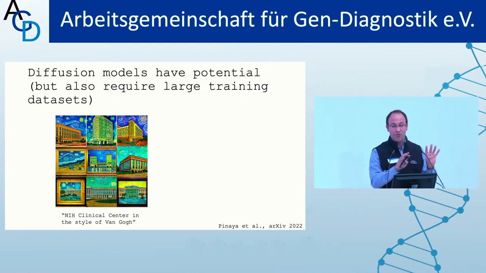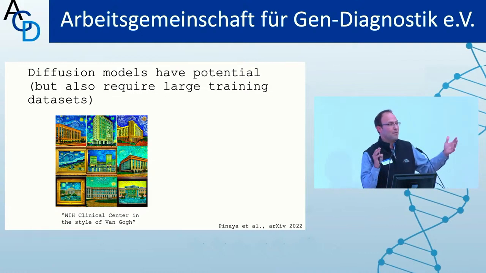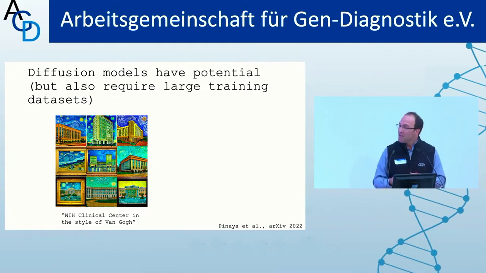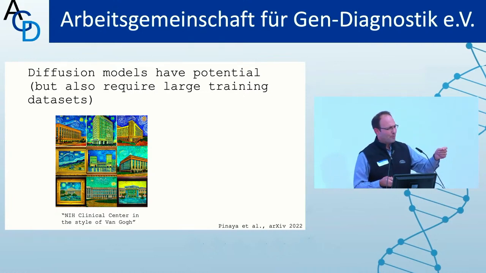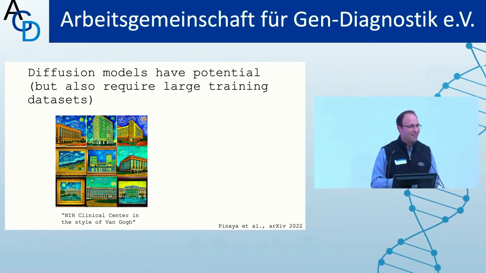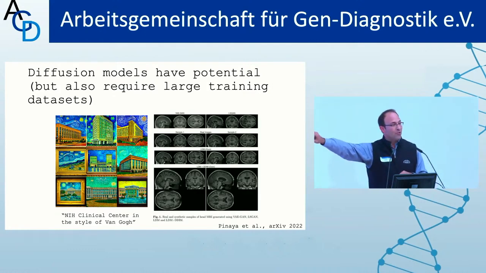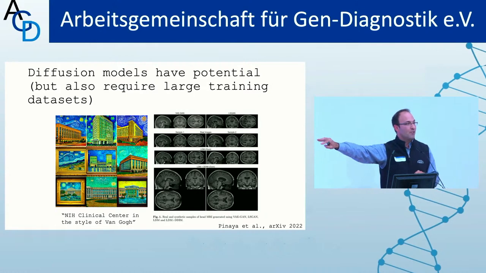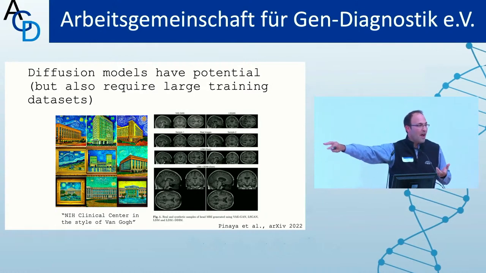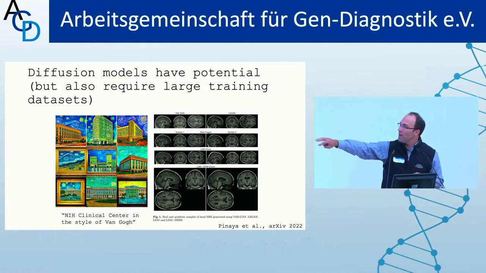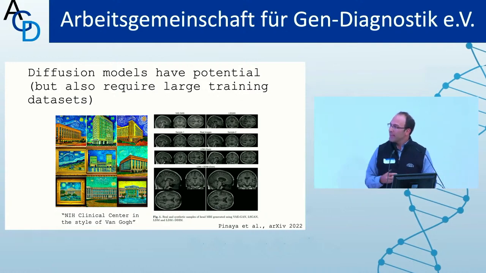For example, currently, just with the open models now, if I type in kid with Williams syndrome, I'm going to get something that does not look good, or you name your syndrome, it doesn't work well. But of course, and I think someone from Peter's group put this on our group chat, if you just fine-tune the model, if you feed in a lot of data using diffusion models, you can make highly accurate images, and this was one of brain MRIs that they used.